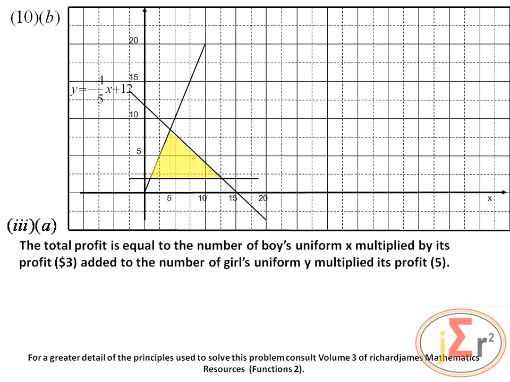And of course, the number of boys' uniforms is x, and the number of girls' uniforms is y. So the profit will be 3 times x plus 5 times y. And we need to calculate the minimum profit that the company can make. Now, of course, it is going to be obvious which one of the vertices we should use. But let's see what happens.